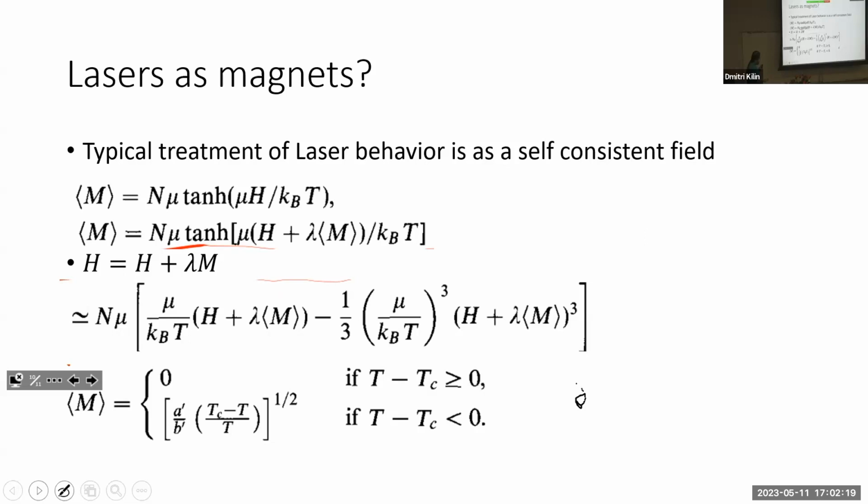And we also get this very familiar looking equation down here, where we now have A over B, Tc for the critical temperature, or the Curie temperature, minus T over T. And our expectation value below that is 0, and above that is that.